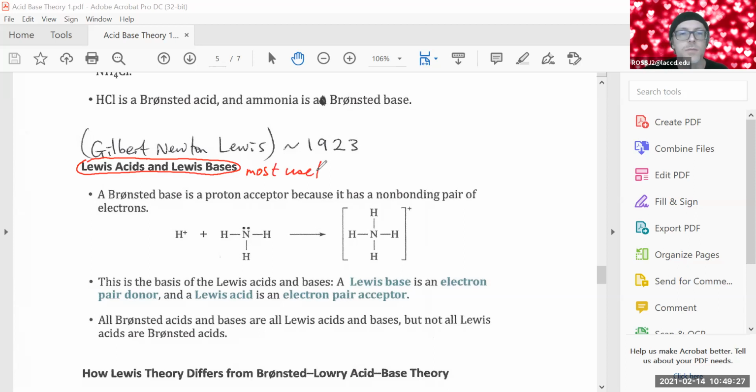Most useful in aprotic environments. I don't mean it's not useful anywhere else, but its usefulness becomes definitely more unique because of its ability to handle aprotic or non-aqueous environments.